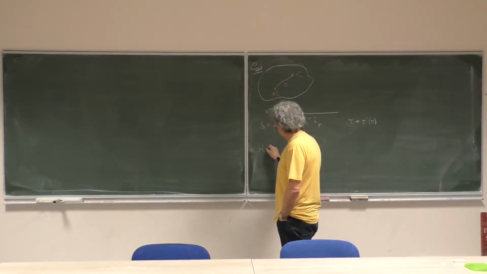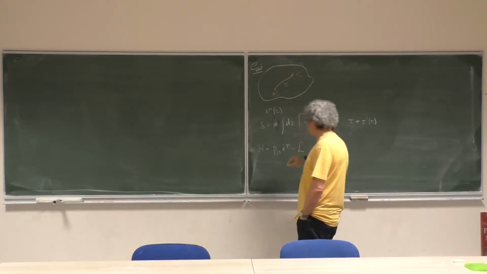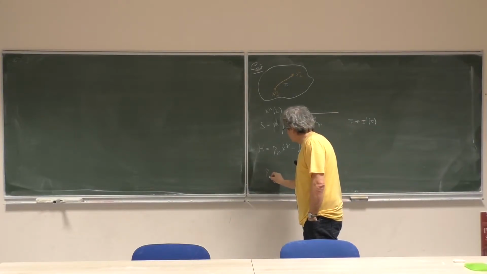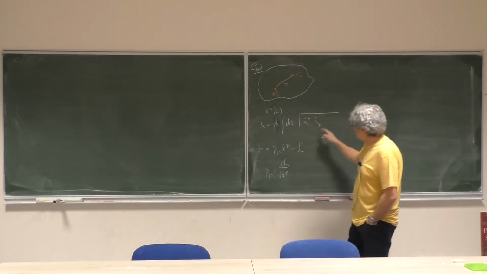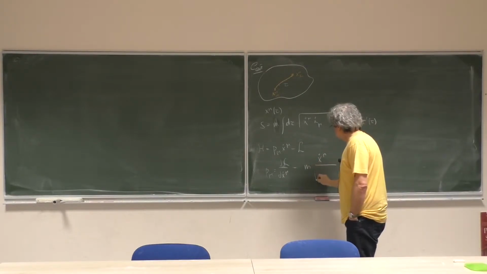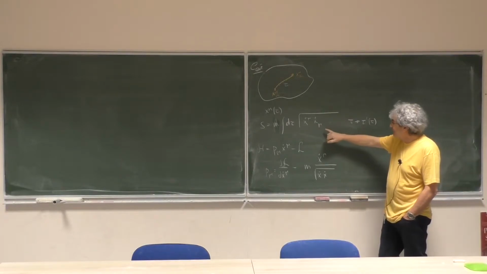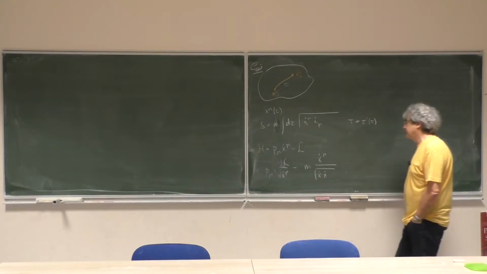The Hamiltonian is p mu x dot mu minus the Lagrangian in general, and p mu is the derivative of the Lagrangian with respect to x dot mu, which is immediately computed here: m x dot mu over the square root of x dot x dot. Take the derivative, I get a 1 over square root with a 2, and then a 2 from the derivative here.